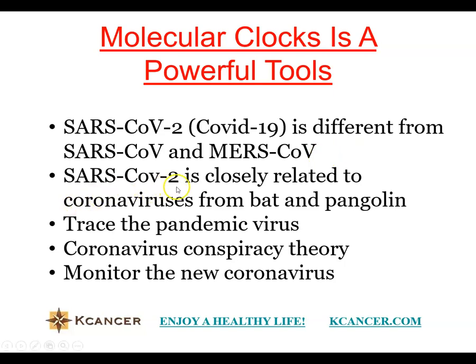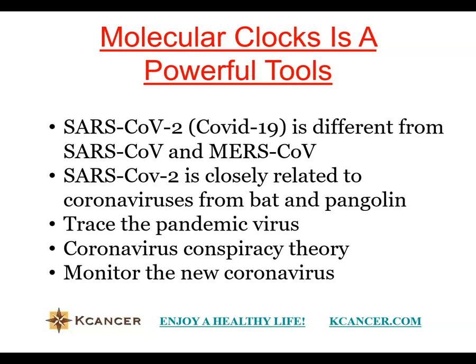However, this COVID-19 virus is very closely related to viruses from bats and pangolin. The homology of this virus with the virus from bat and pangolin is close to 97-98%. We can say that it's the same virus.